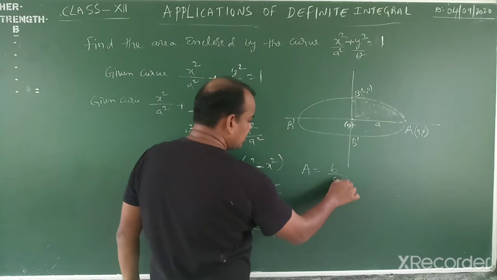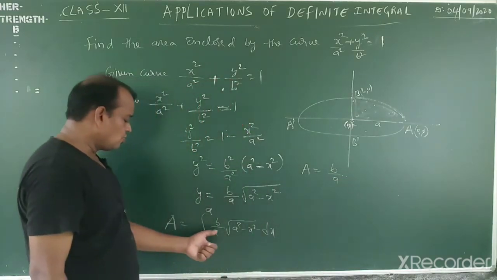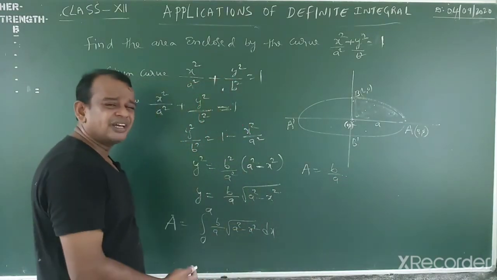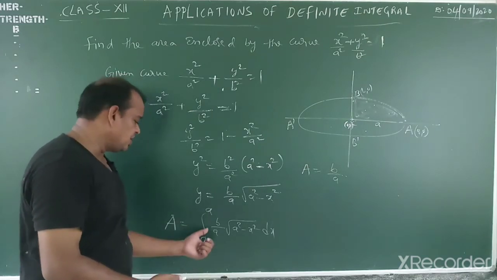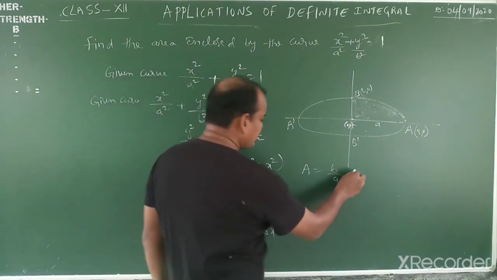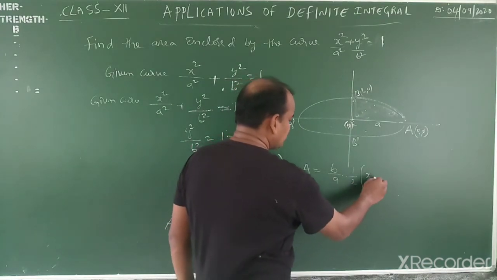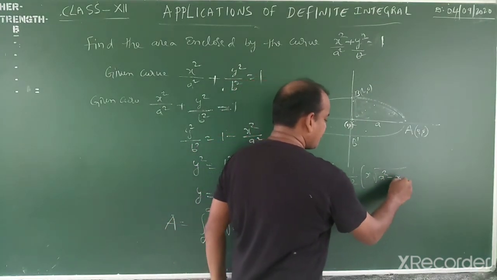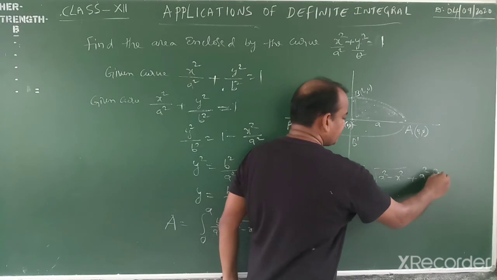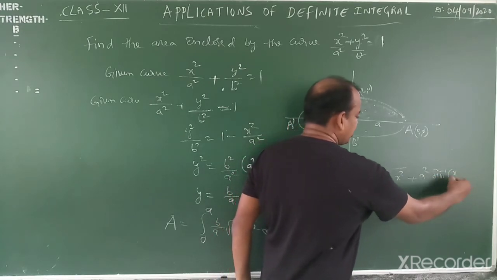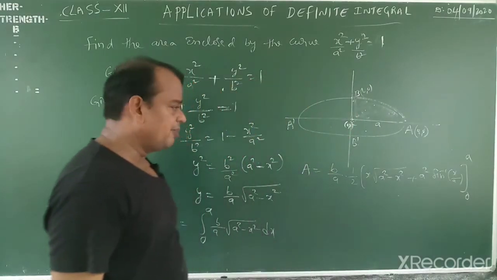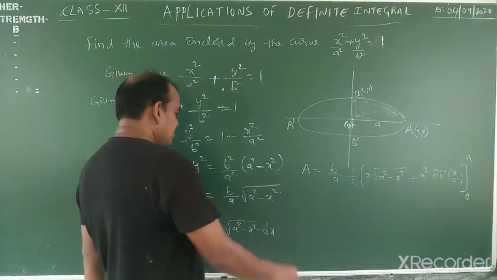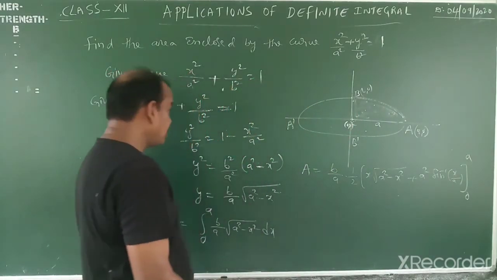Write down the formula for root over a square minus x square, which we apply many times: the integral is 1 by 2 into x into root over a square minus x square plus a square into sin inverse of x by a, with limits 0 to a.